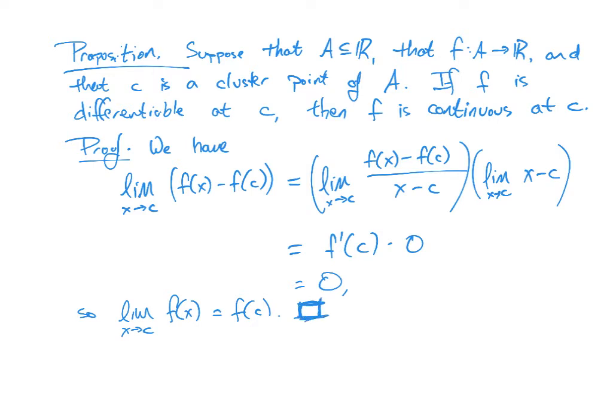So we showed that the limit of f of x minus f of c is 0. Again, using the rules of limits, that means that the limit as x goes to c of f of x is equal to f of c, which is what continuity is. So we can move these limits inside and outside of each other on the right side because everything's nicely behaved.